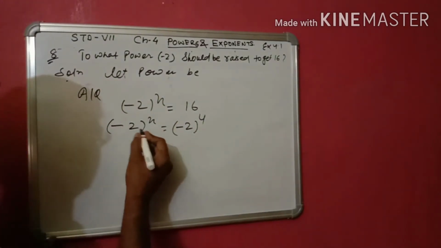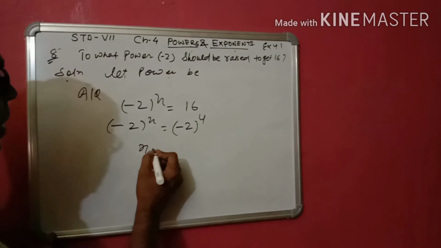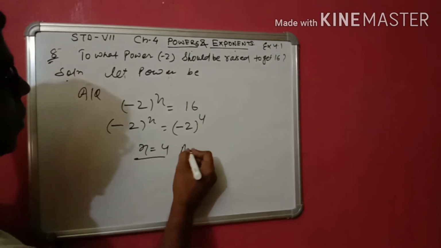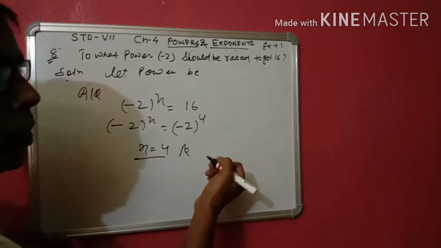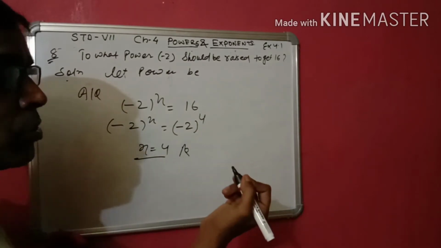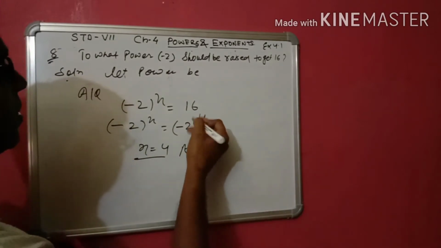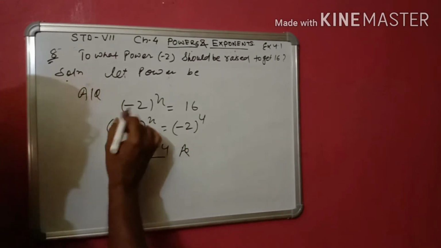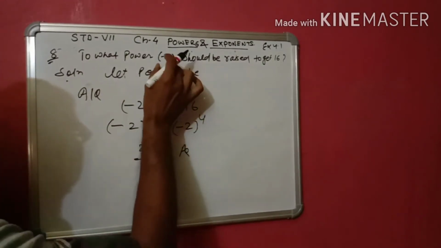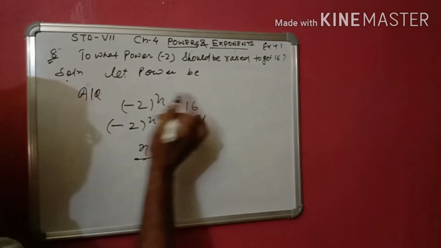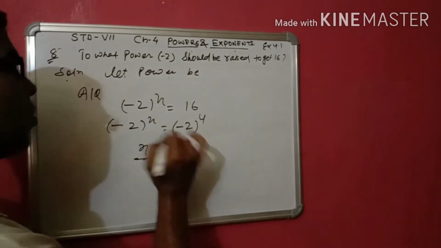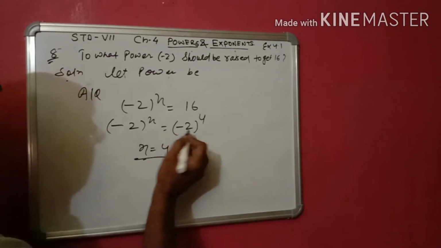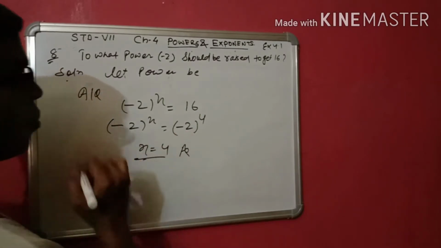The base is the same, so x to the power 4, because minus 2 into minus 2 is plus 4, into minus 2 is minus 8, minus 8 into minus 2 is 16. So this is your required answer. Write down. So let the power be x, minus 2 I am raising to the power x, this is 16, I can write minus 2 to the power 4, therefore bases cancel, x is equal to 4. Write down please.